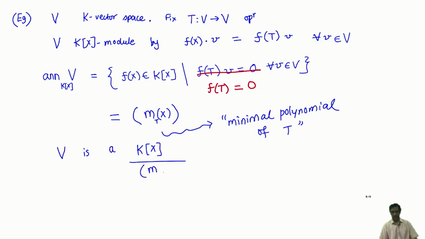In particular, it's a module over k[x] modulo the ideal (m_T(x)), where m_T(x) is the minimal polynomial of T. So in some sense, things like diagonalizability and many other linear algebraic properties come from the structure of this ring. You've probably seen things like: if the minimal polynomial factors into distinct linear factors, then the operator is diagonalizable, and so on. We'll consider things like that in the problem sessions.